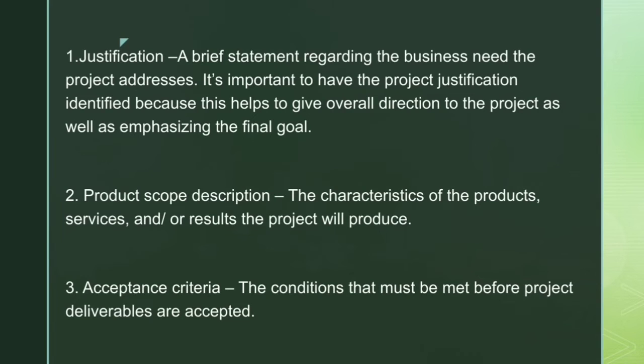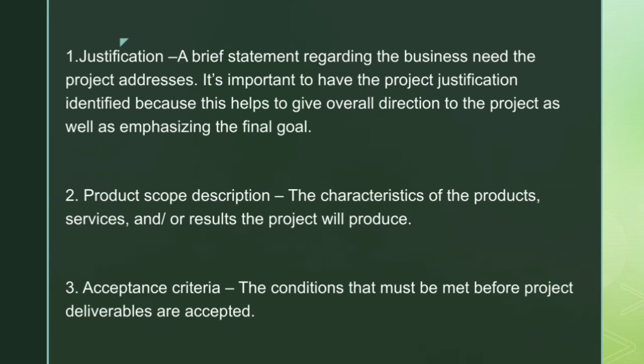Number 1 is justification. A brief statement regarding the business need the project addresses. It's important to have the project justification identified because this helps to give overall direction to the project as well as emphasizing the final goals.